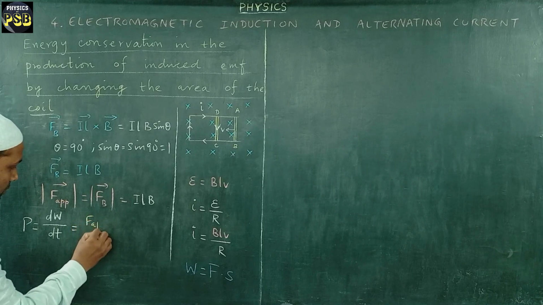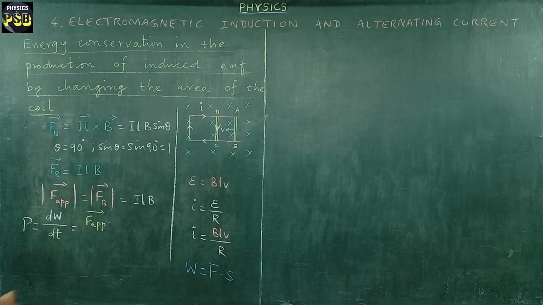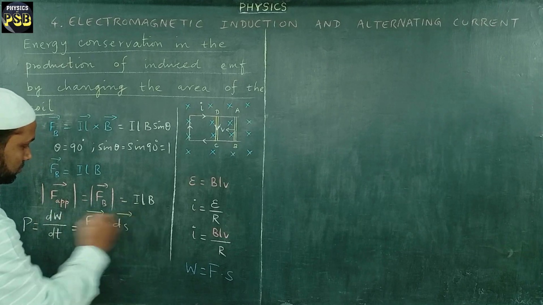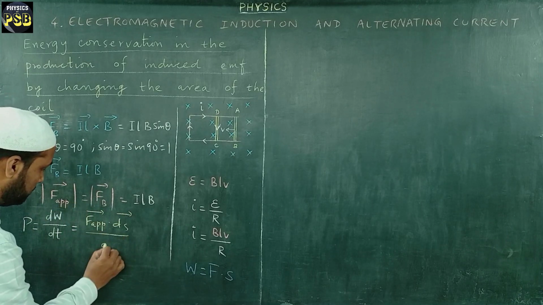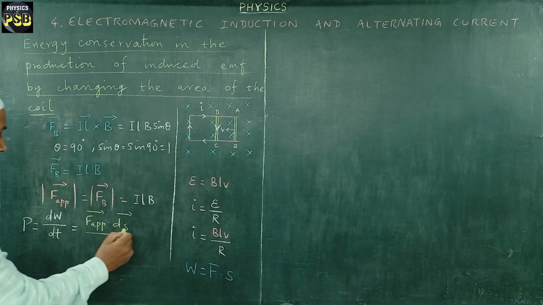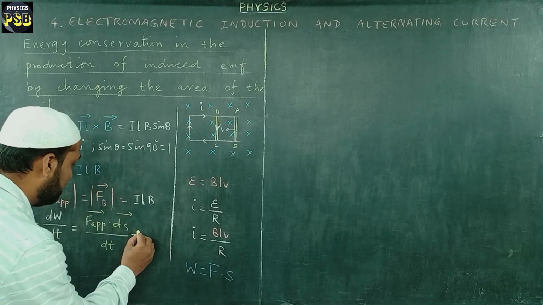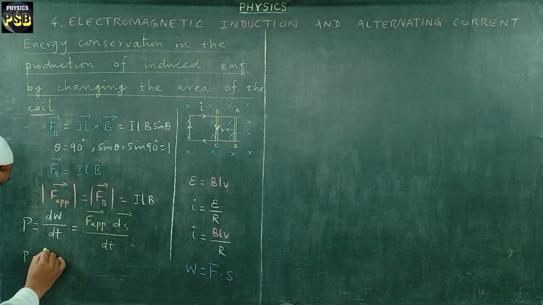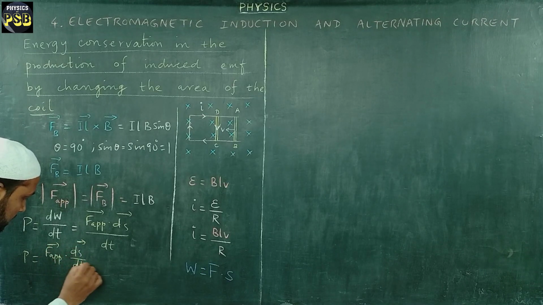applied force multiplied with displacement. The whole term is divided by time, dt. This can be represented as P equals applied force times ds vector upon dt.